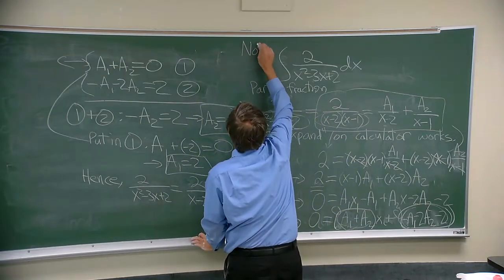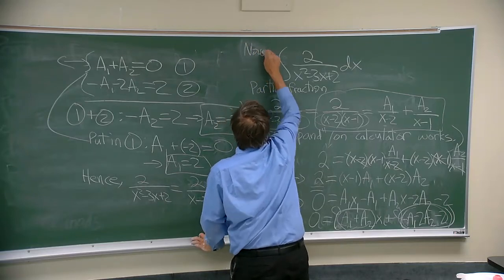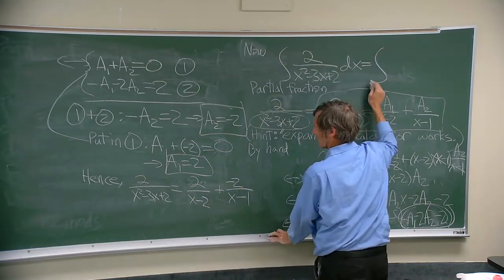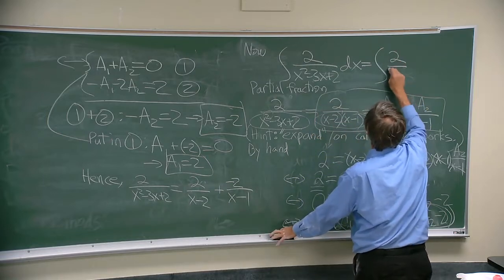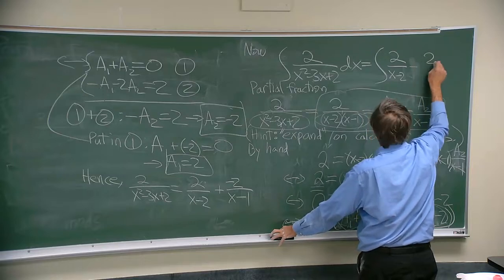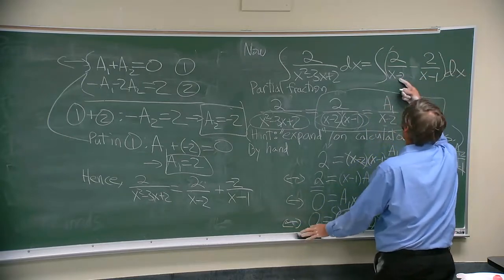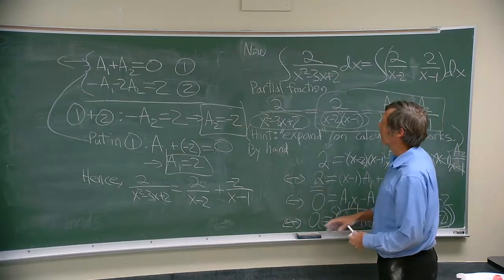All we did was algebra. And now, go back to our original integral. Now this one is equal to the integral of 2 over x minus 2 minus 2 over x minus 1.